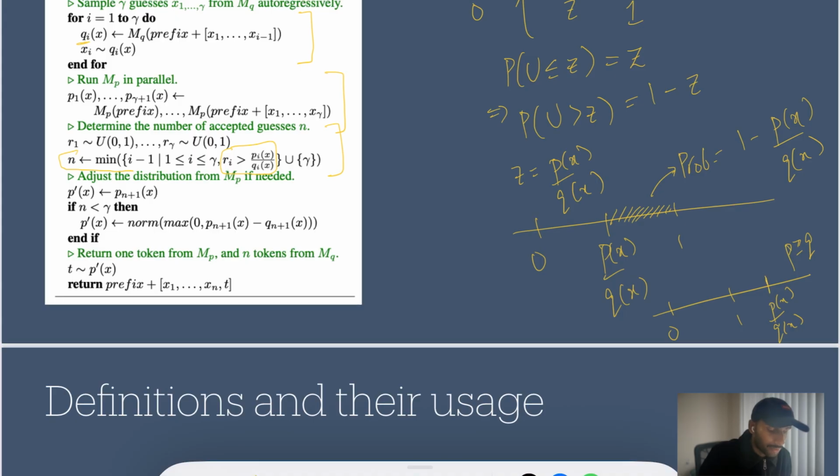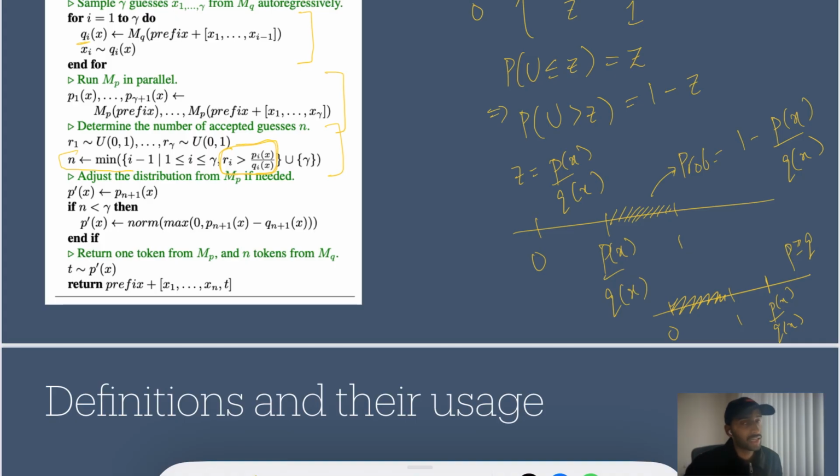So in that case, the probability that r is greater than p of x over q of x is 0, because r is going to be somewhere here. So you'll never see that. In cases of acceptance, you're not going to satisfy this condition.